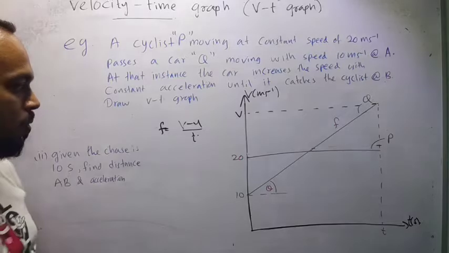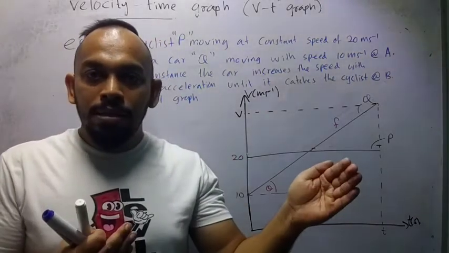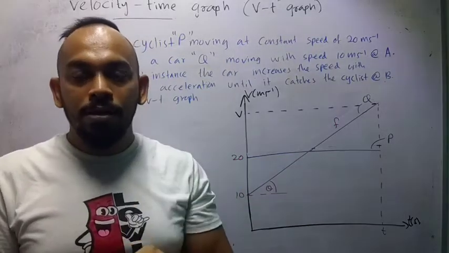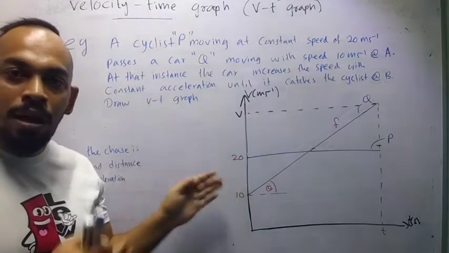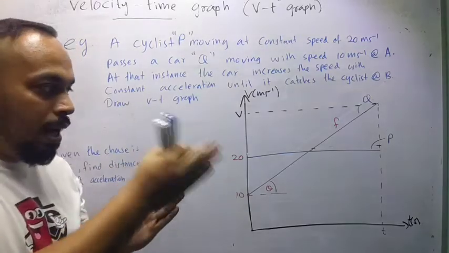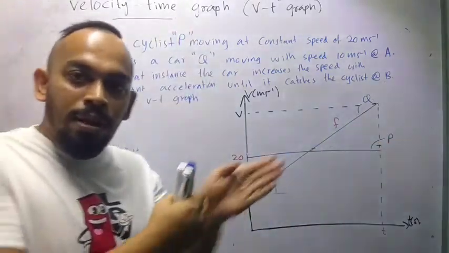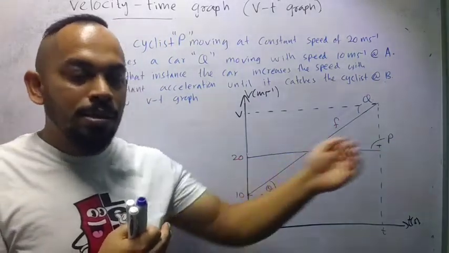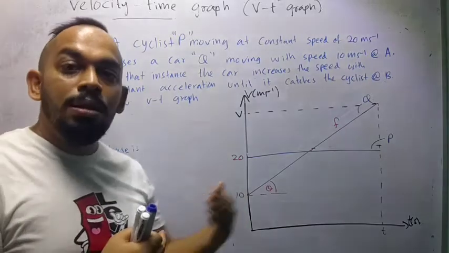Now we know one thing. The AB distance is the same for both the car and the cyclist, because at the moment the cyclist passes, the car accelerates until it catches the cyclist again. So the displacement of the cyclist from A to B must be equal to the displacement of the car.